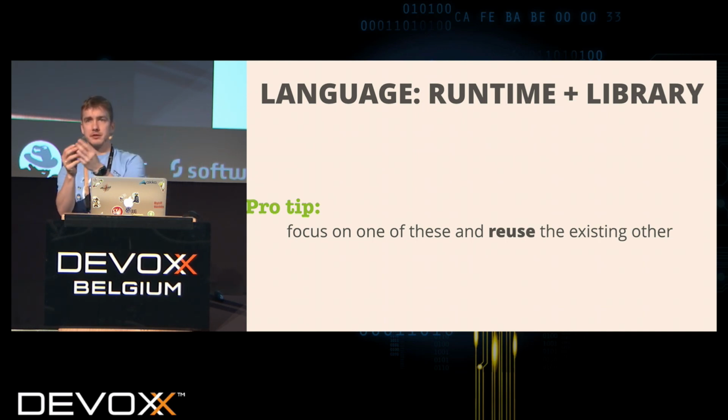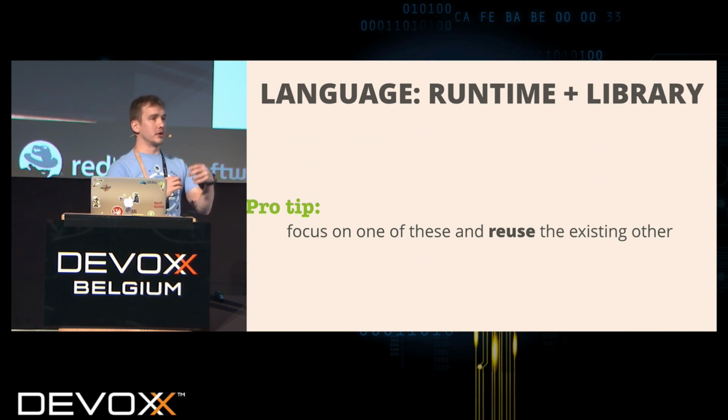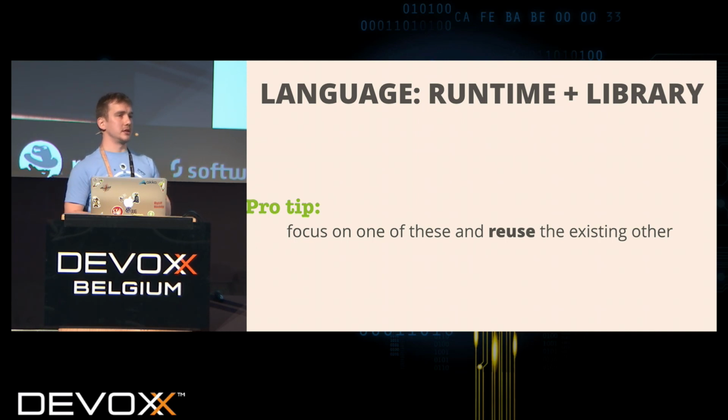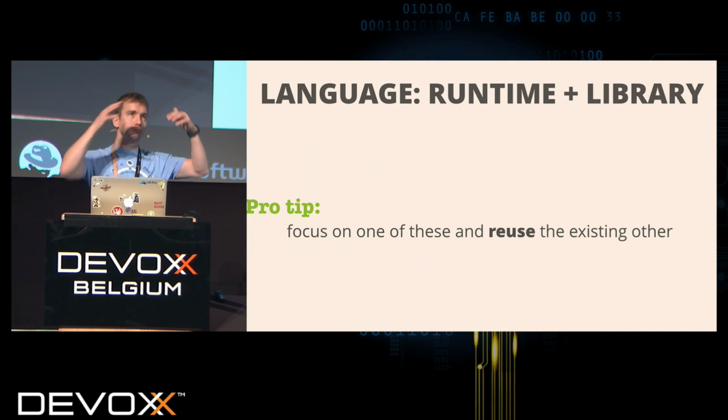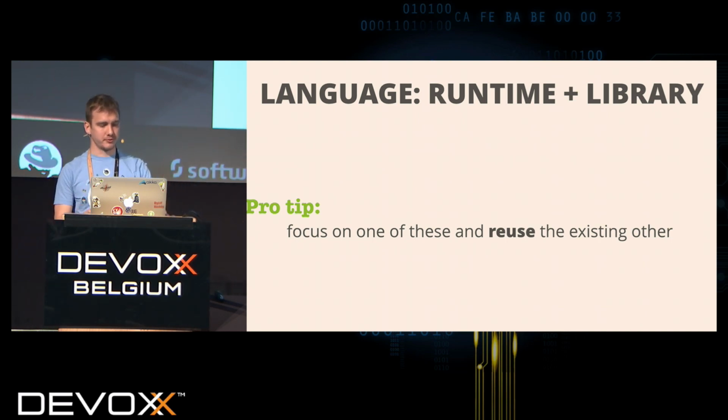So if you want to create a new grammar and a fancy esoteric language, you would like to reuse the whole infrastructure. Or if you want to work on compilers, then probably you would like to get into the ecosystem where a lot of programs are run.